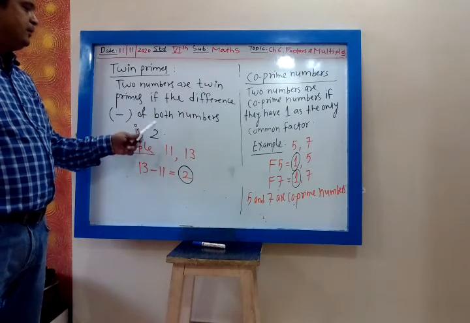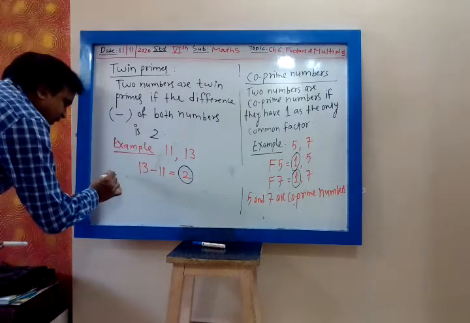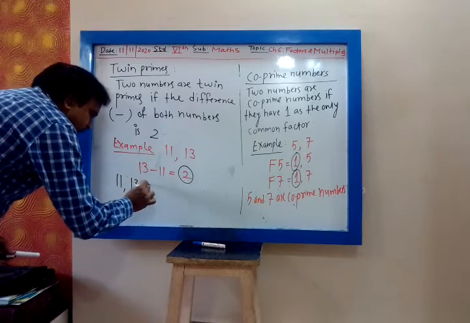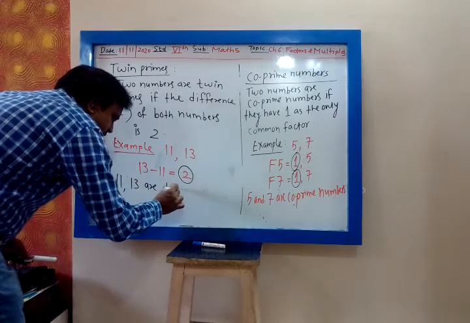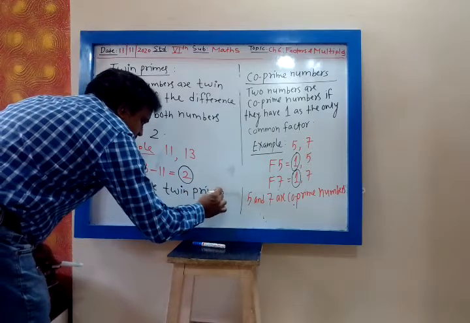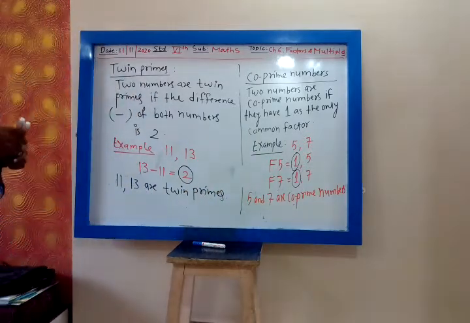So when the difference is 2, 11 and 13 are twin primes.